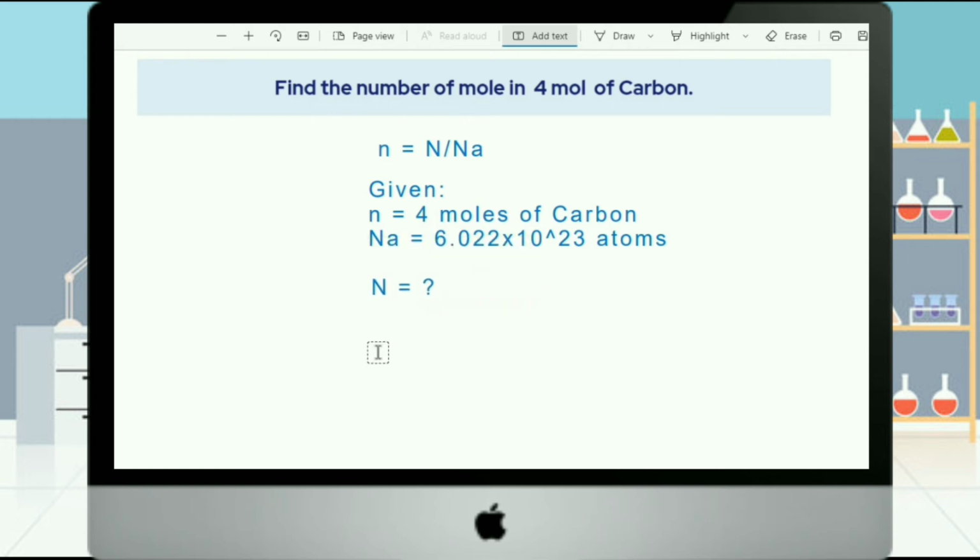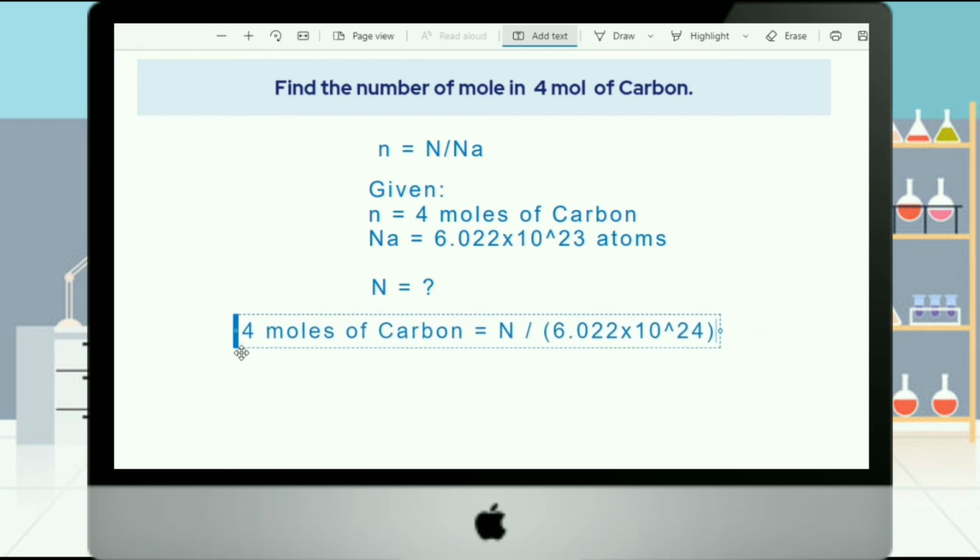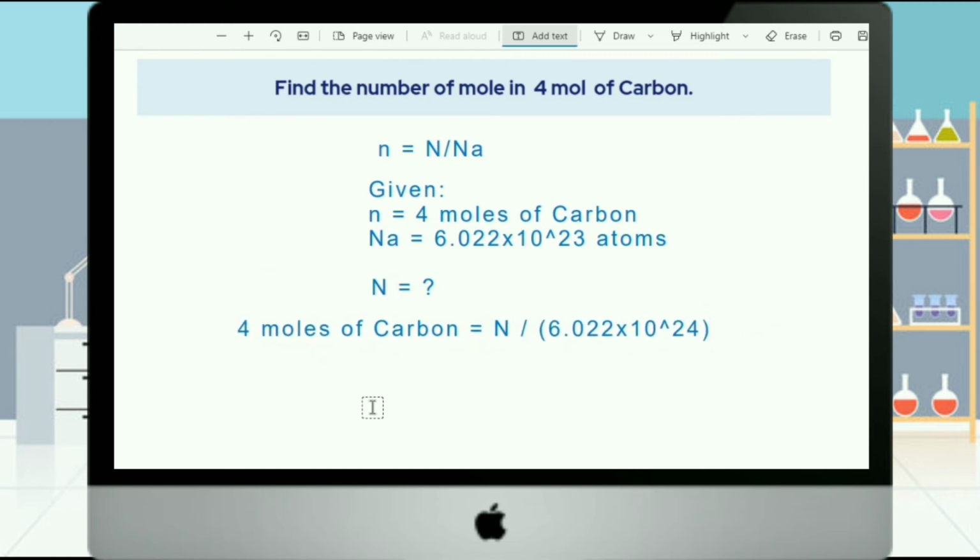Okay, so we can now plug in the given quantities in our formula. So we are given the n, 4 moles of carbon, equals, we don't have the big letter N, which is the elementary entity, the atoms of the carbon sample. And we are given Avogadro's number. So, in this case, we're going to be manipulating the formula.